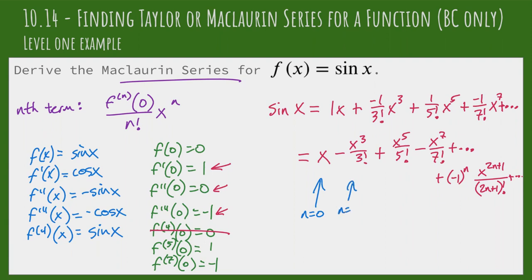When n is 1, then we get -1 to the first power times x to the 2 times 1 plus 1. So that's x to the third over 3 factorial. So that works. So that pattern allows us to get this general term here. And so this right here, and I know it's kind of sloppy, is the Maclaurin series for sine of x.